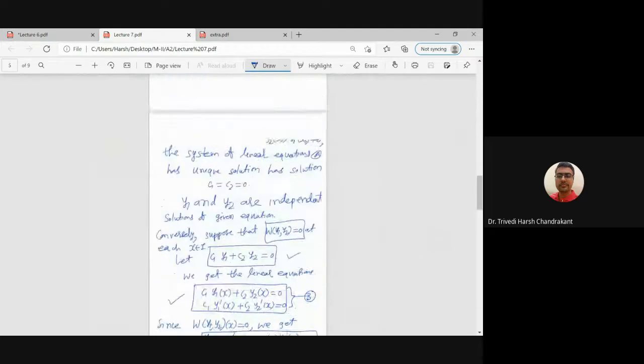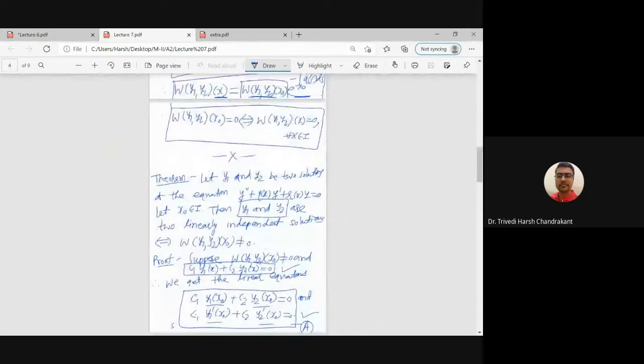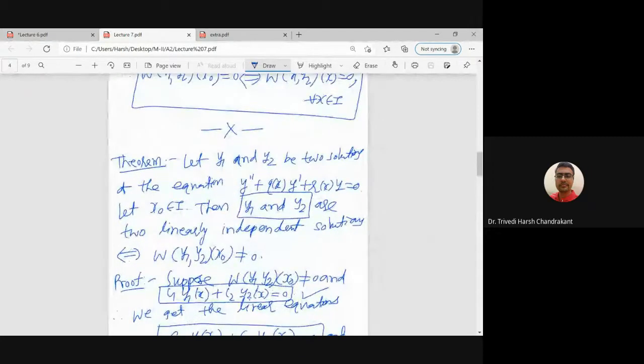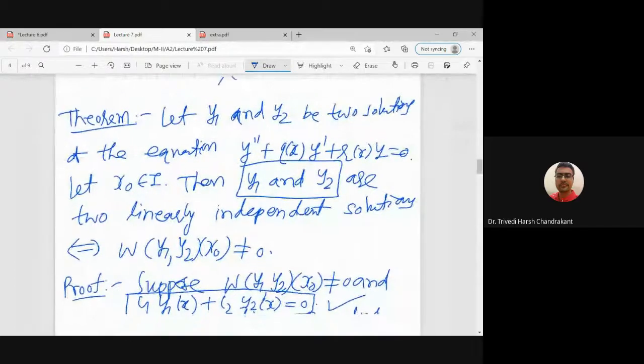So let us go through this statement once again. Whenever in an example we want to check whether two given solutions y1 and y2 of a homogeneous second order differential equation are linearly independent, the only thing we need to check is that the Wronskian is non-zero at a particular point.